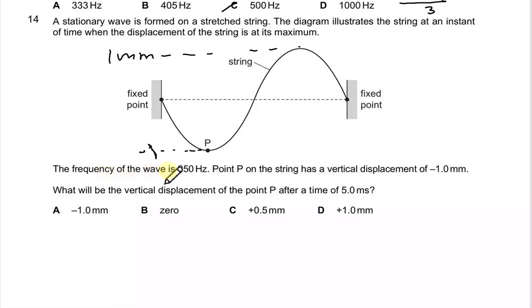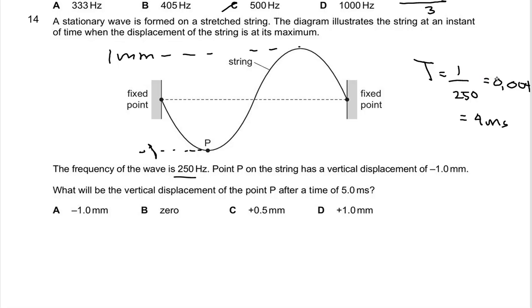The information of frequency here is 250 hertz, and then the period is 1 per 250. It's equal to 0.004 seconds, or it equals 4 millisecond.